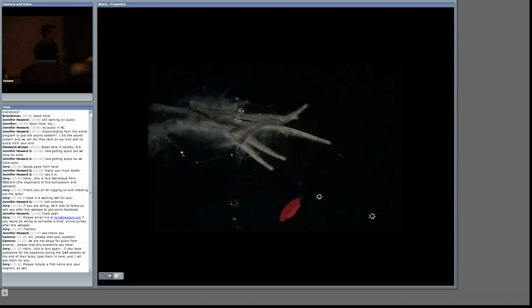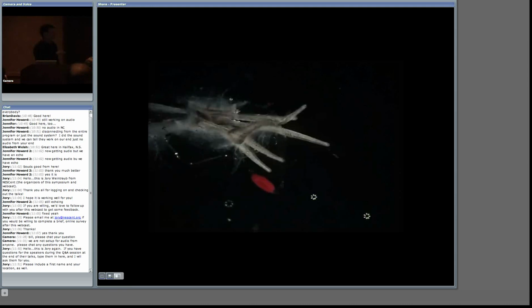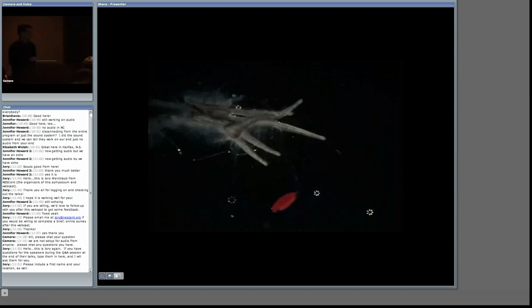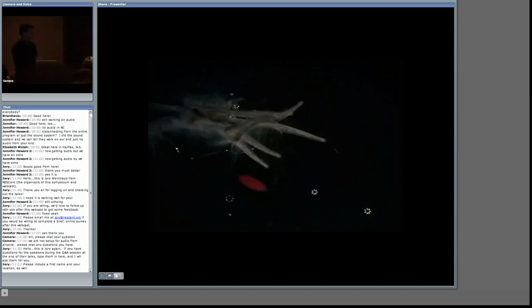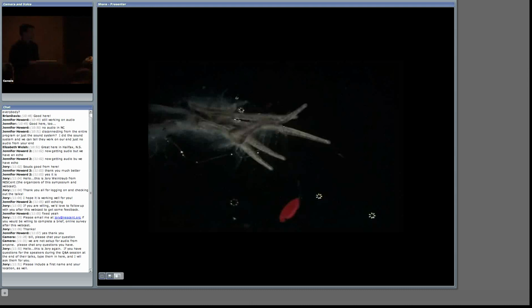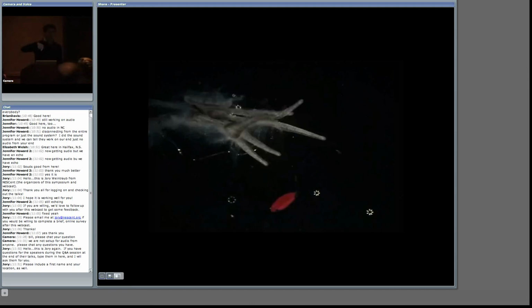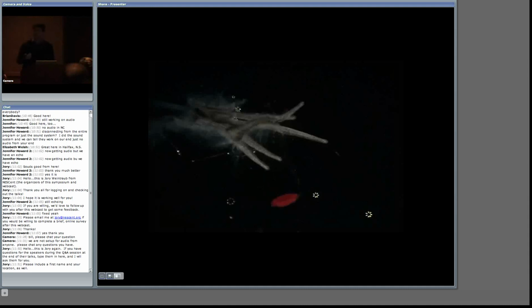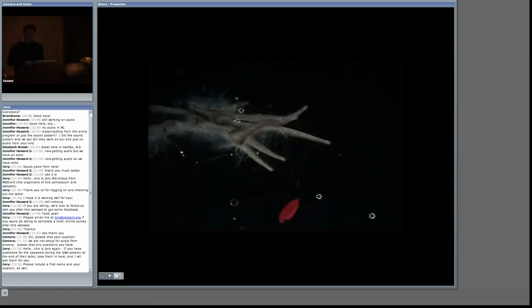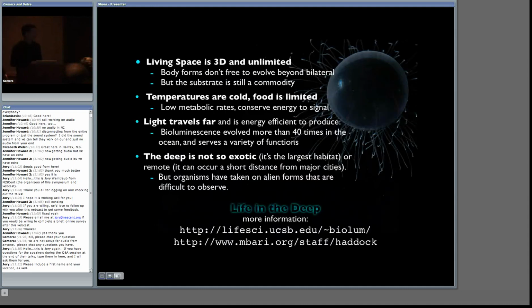So there's a transparent stalk here and this bulb at the end that is filled with bioluminescent material. And this one actually happens to have this fluorescent coating around it as well. And so when it's sitting down there, it's flicking this little thing, which also glows. And so we're pretty sure that this is how it can draw fish over to take an interest in it.